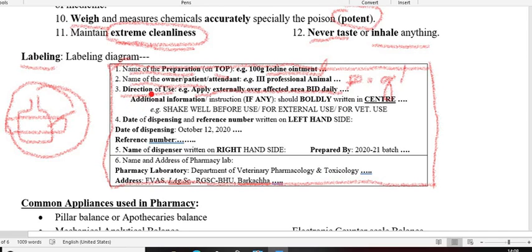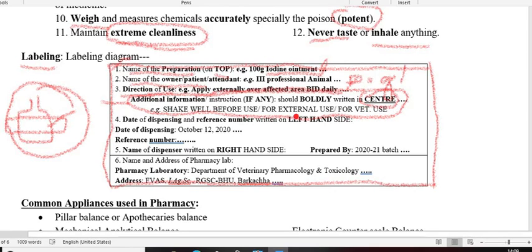In the center of this white sheet you have to write the additional information, or additional instructions. If there is any, you write it at the center of the white sheet.